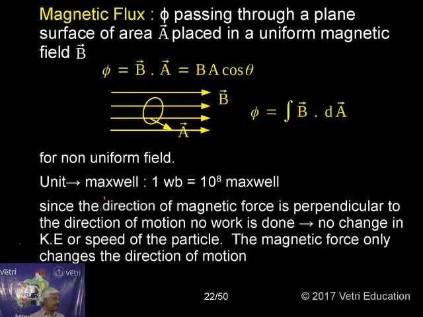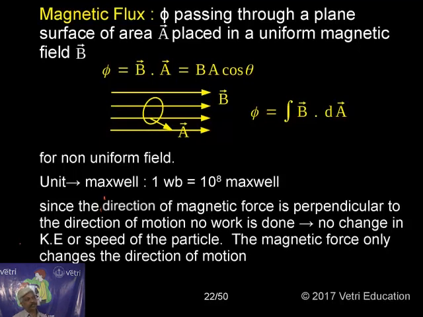There is no change in the kinetic energy or speed of the particle. The magnetic force only changes the direction of the motion. It is a very similar statement to circular motion.